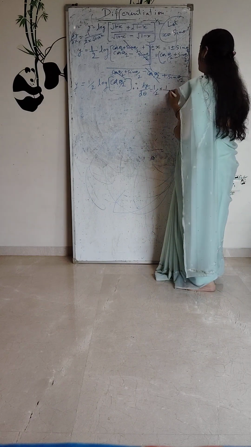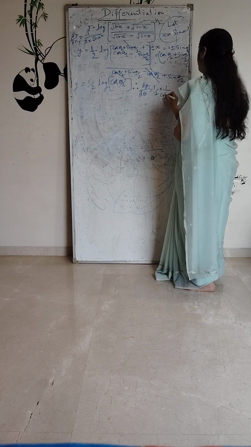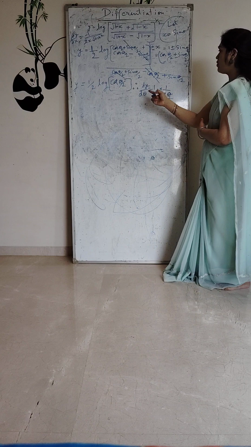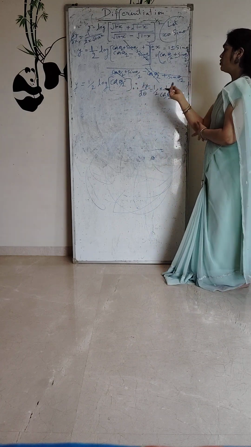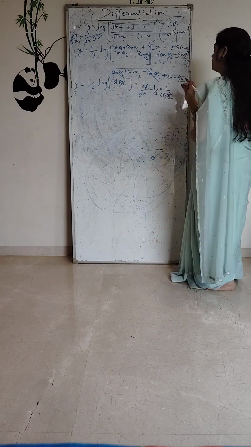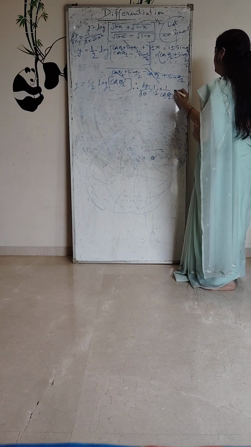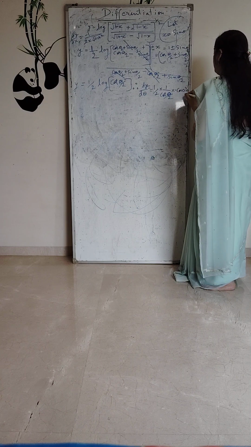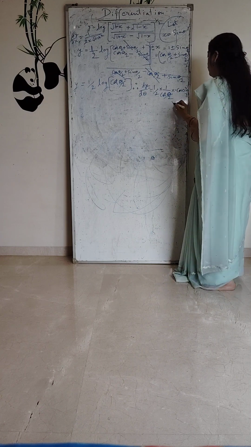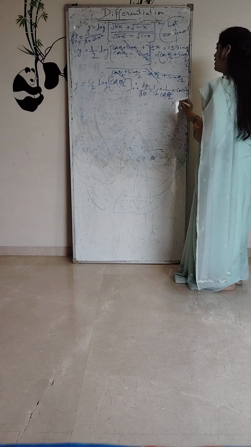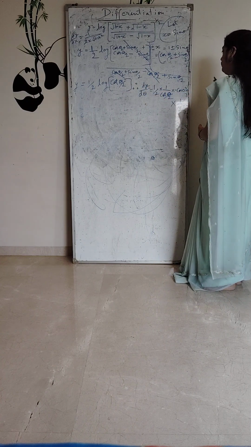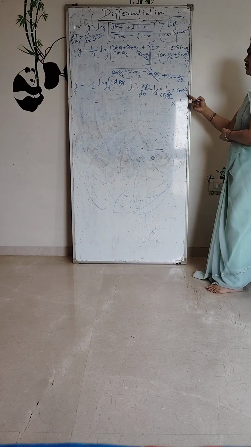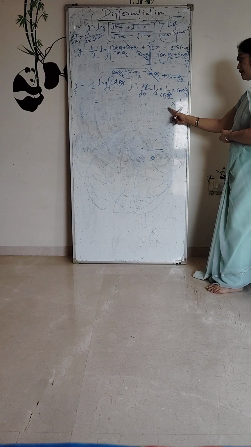Similarly, differentiation of this will be 1 by cot theta by 2, and this is not directly theta, so we will have to differentiate in turn. Differentiation of cot theta by 2 will be minus cosec square theta by 2 into differentiation of theta by 2. Here I am applying the chain rule, into 1 by 2. That will be 1 by sine square theta by 2, cos theta by 2 upon sine theta by 2.